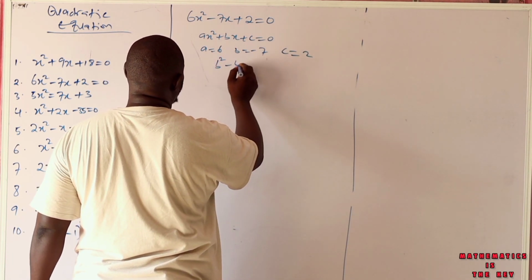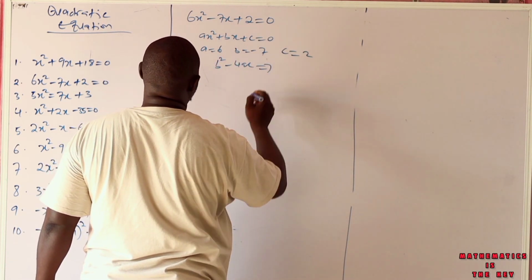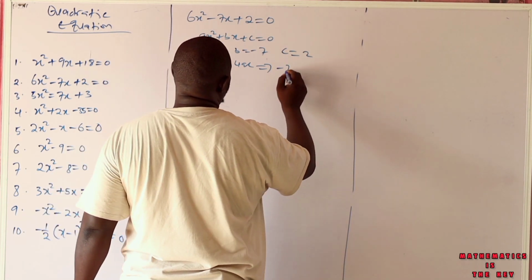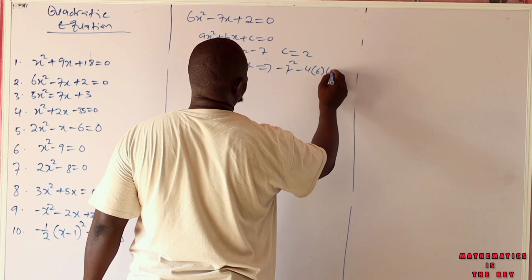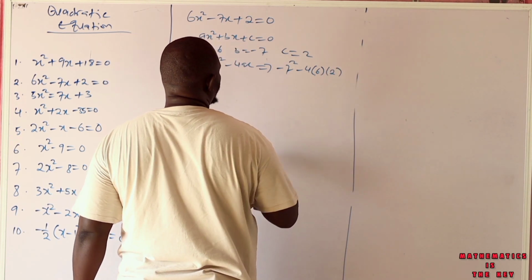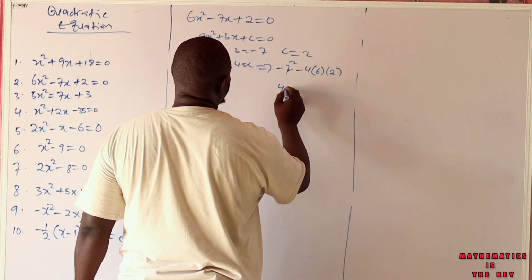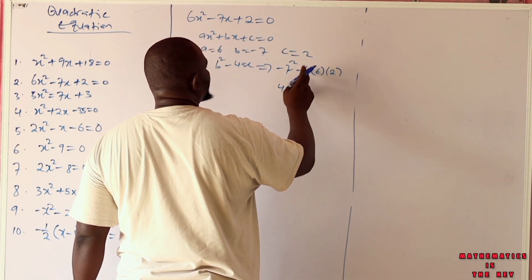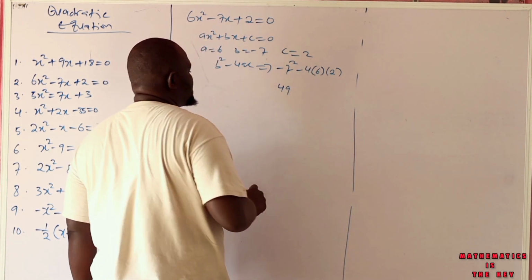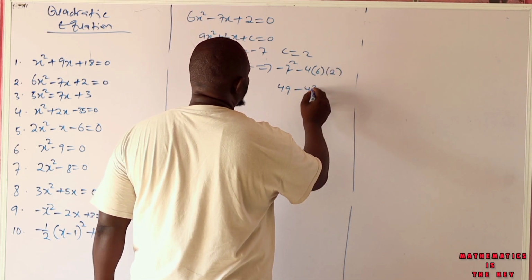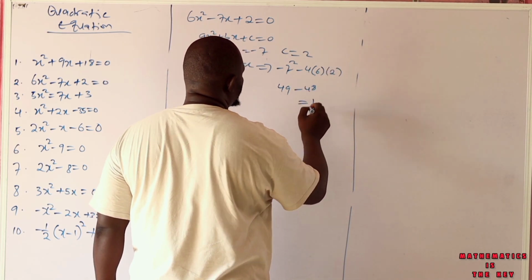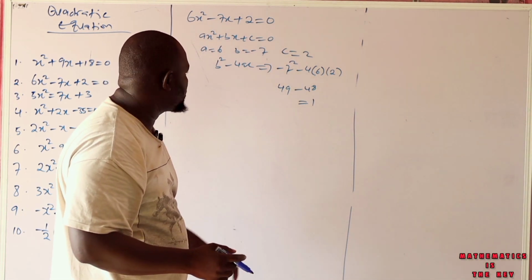Then b squared minus 4ac implies minus 7 squared minus 4 into a and c, which is 2. Minus 7 squared is 49. 4 times 6 is 24. 24 times 2 is 48. So 49 minus 48 is equal to 1, and 1 is a perfect square of 1.